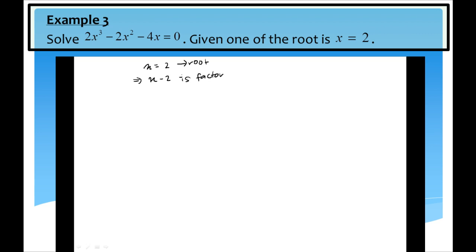Since we want to solve the cubic equation, we can use long division. To use long division, first we need to write our cubic equation, which is 2x cubed minus 2x squared minus 4x, and then our factor, x minus 2, as our divisor.